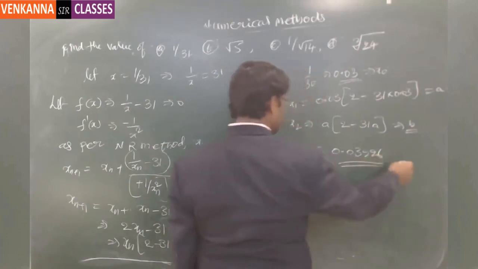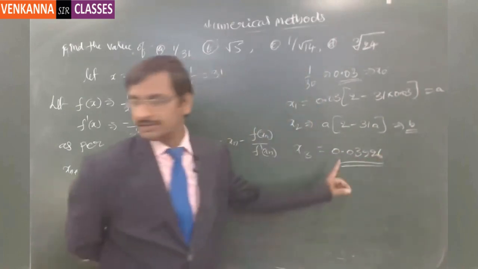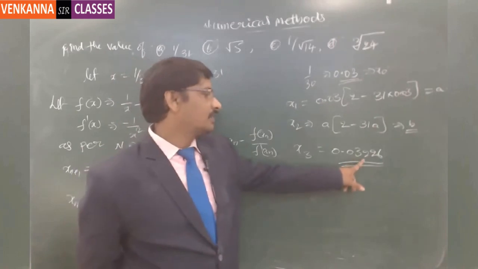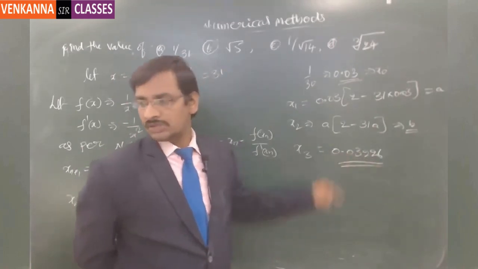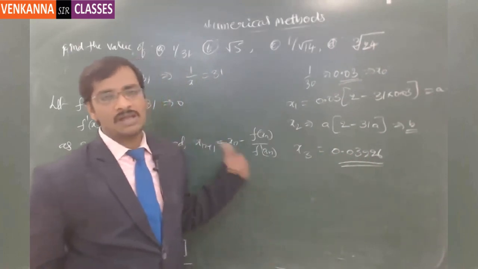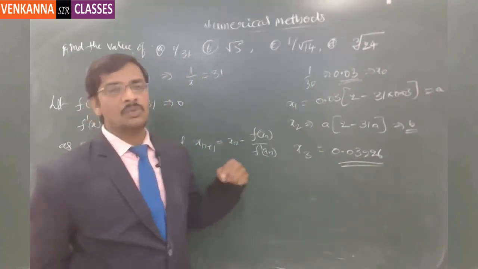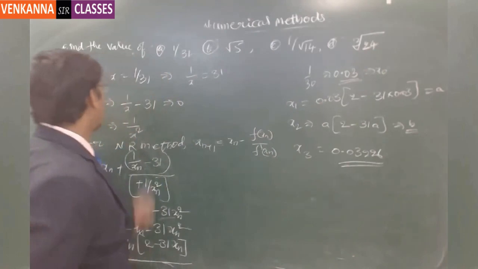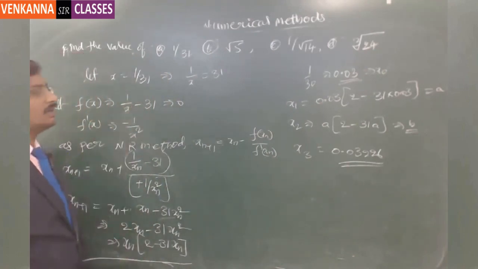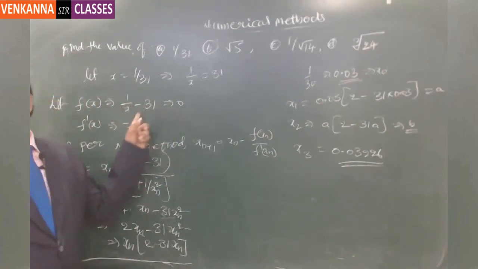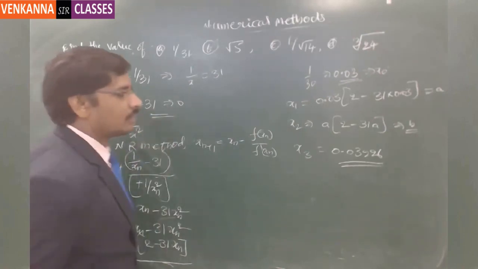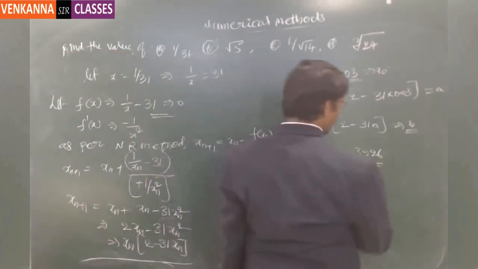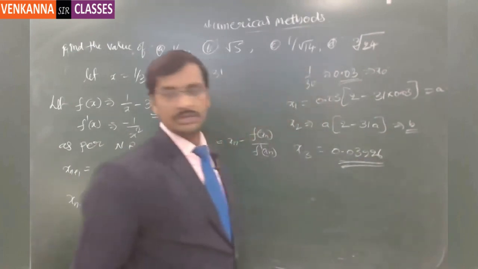Now if you notice, we started with an approximation of 0.03, but we landed with a value of 0.03226, which is the exact solution of the equation, which gives the value of 1 by 31, because we have taken the function as f of x is equal to 1 by x minus 31, which essentially means that x is equal to 1 by 31, where this is in the fractional format. So this is in the decimal format. Got it?